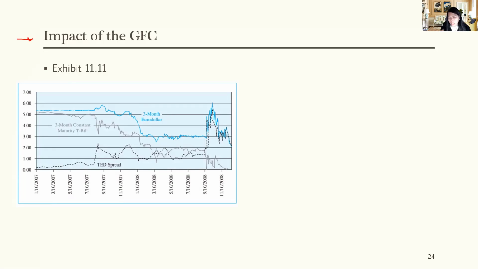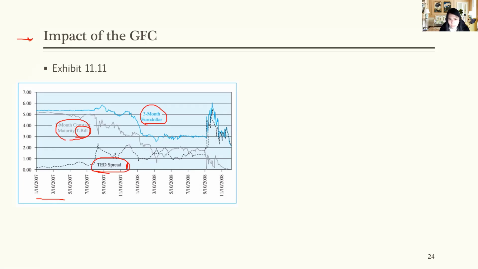So to illustrate how the crisis unfolded in numbers, we can look at the credit spread, right? The TED spread is the spread between the 3-month Eurodollar rate and the 3-month T-bills. The 3-month Eurodollar deposits have some credit risk, whereas for a government bill, we assume that it is risk-free. As a result, the difference between them reflects the credit risk over a 3-month horizon.